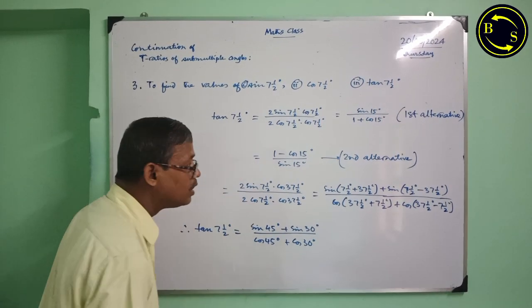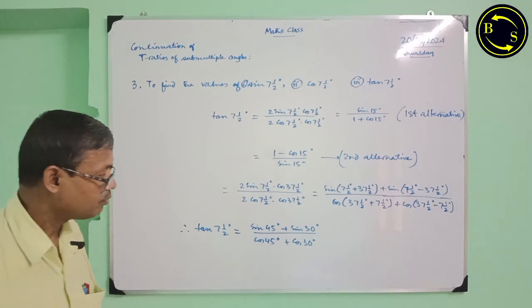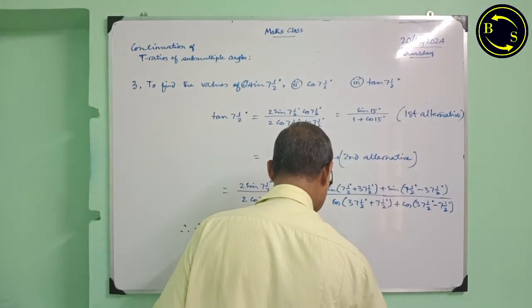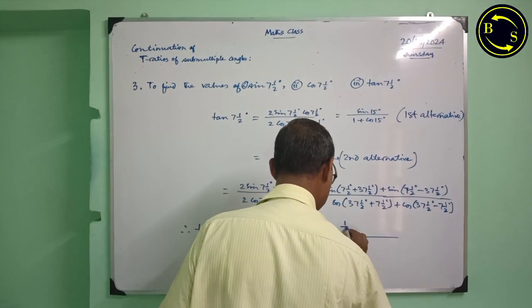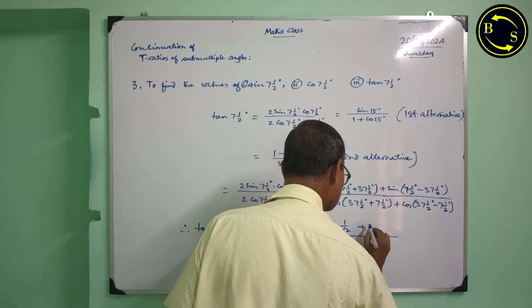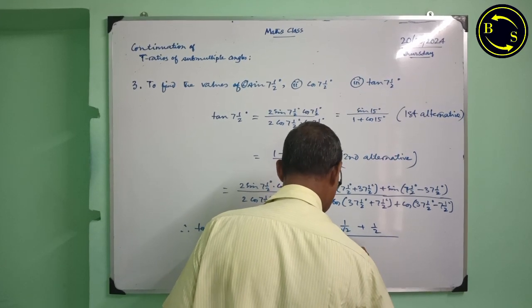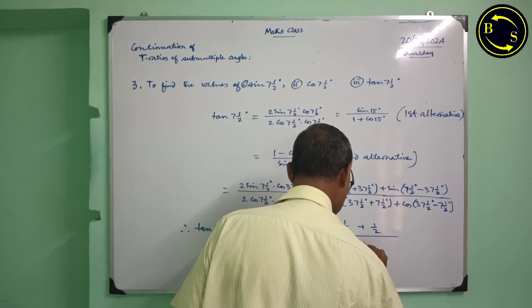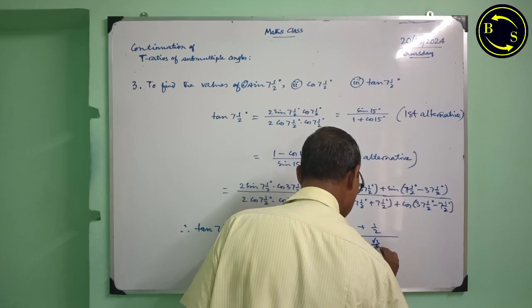In this, if we use this method it will be quite easier. 1 by root 2 plus half, by 1 by root 2 plus root 3 by 2.